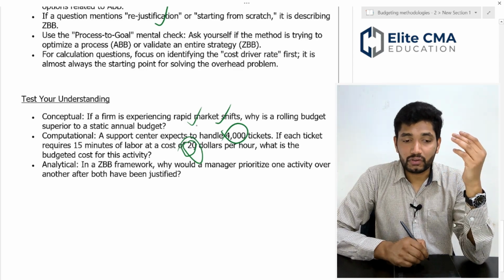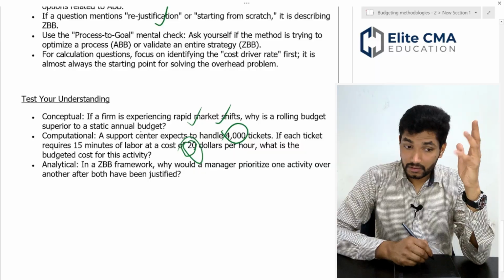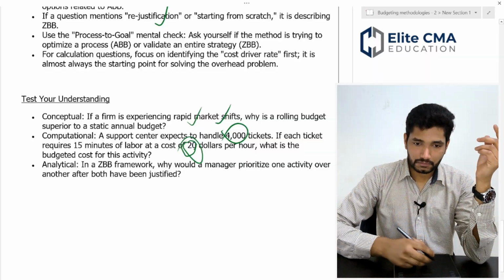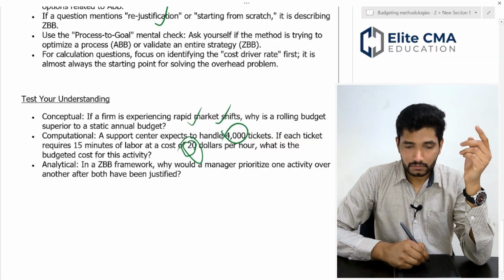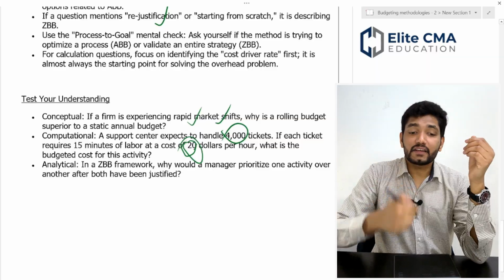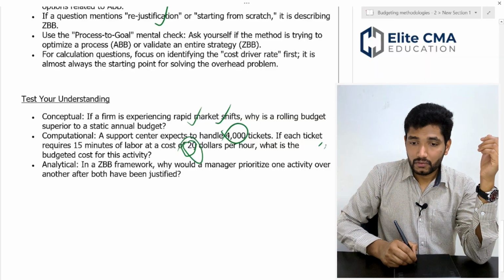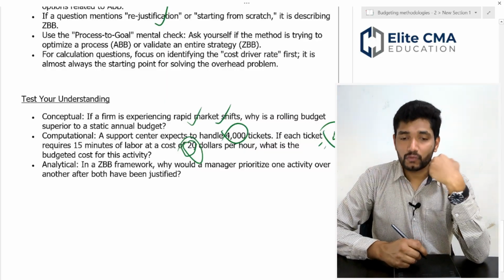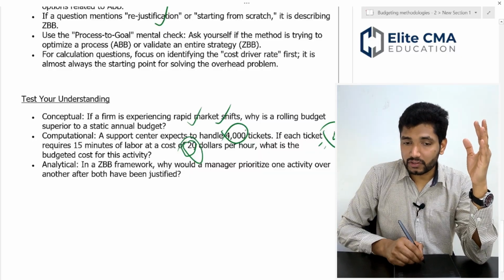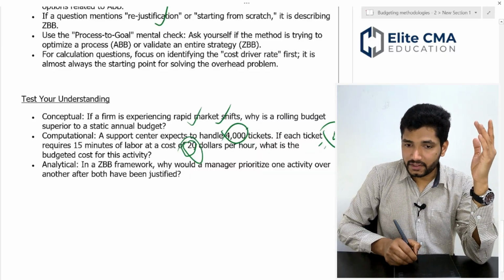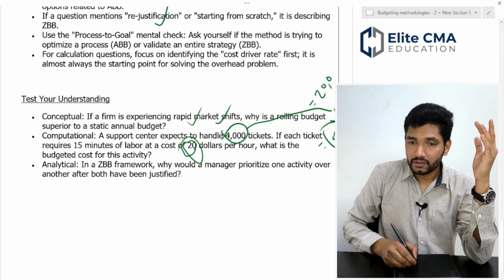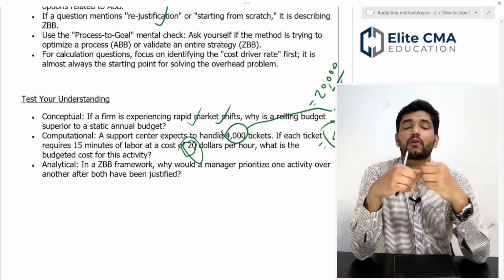Since each ticket requires 15 minutes, in 1 hour they can process 4 tickets, or per ticket the cost is $5. So the total cost to process 4,000 tickets at $5 each is $20,000, which will be the budgeted cost for this activity.